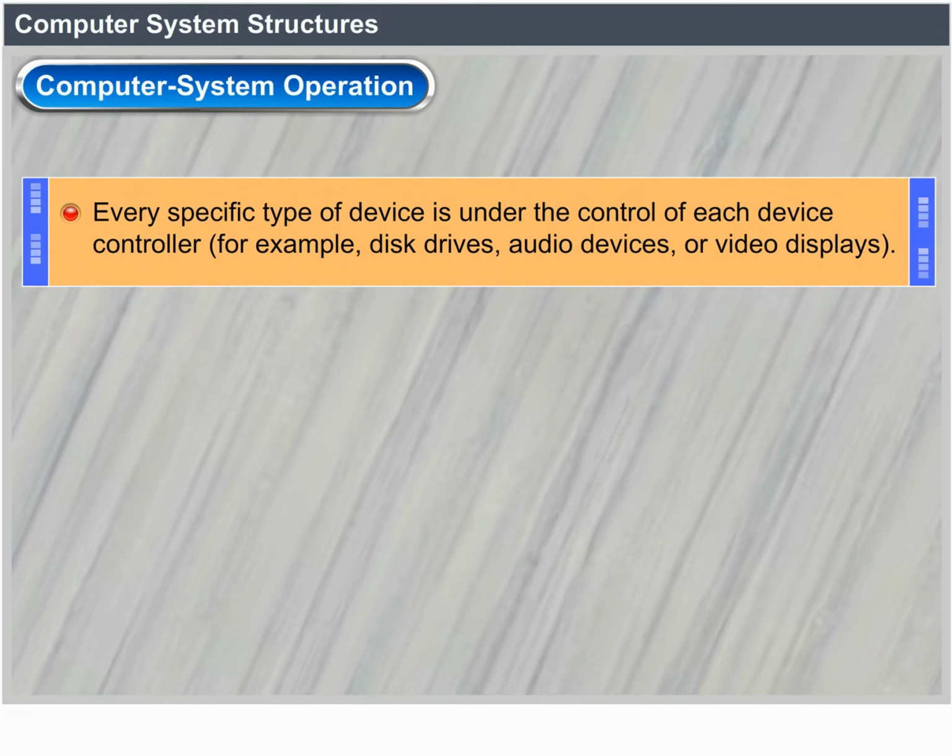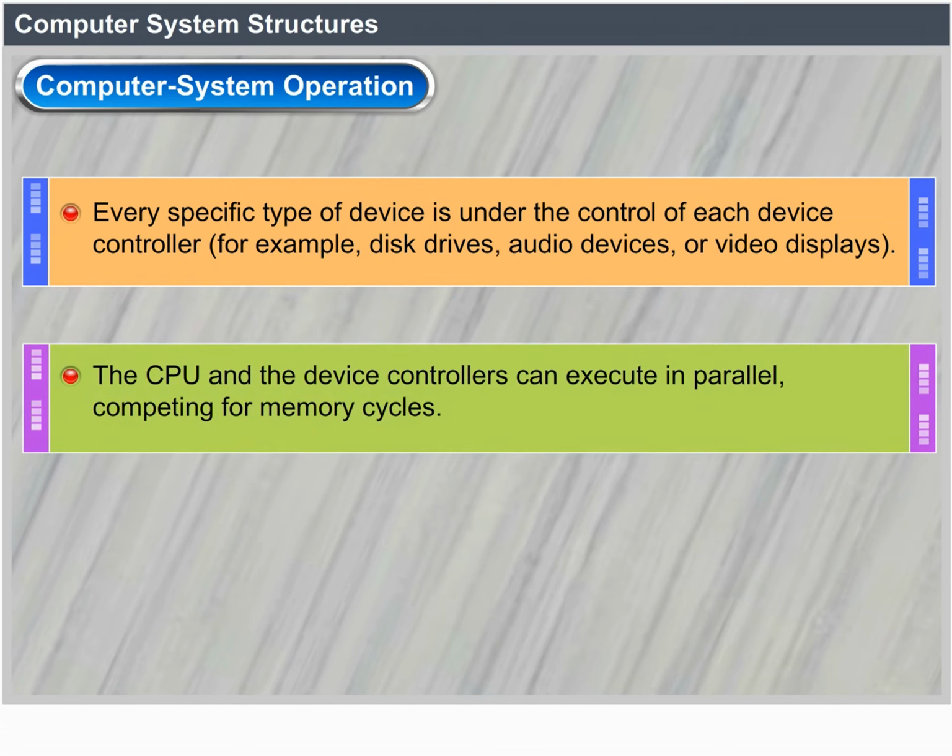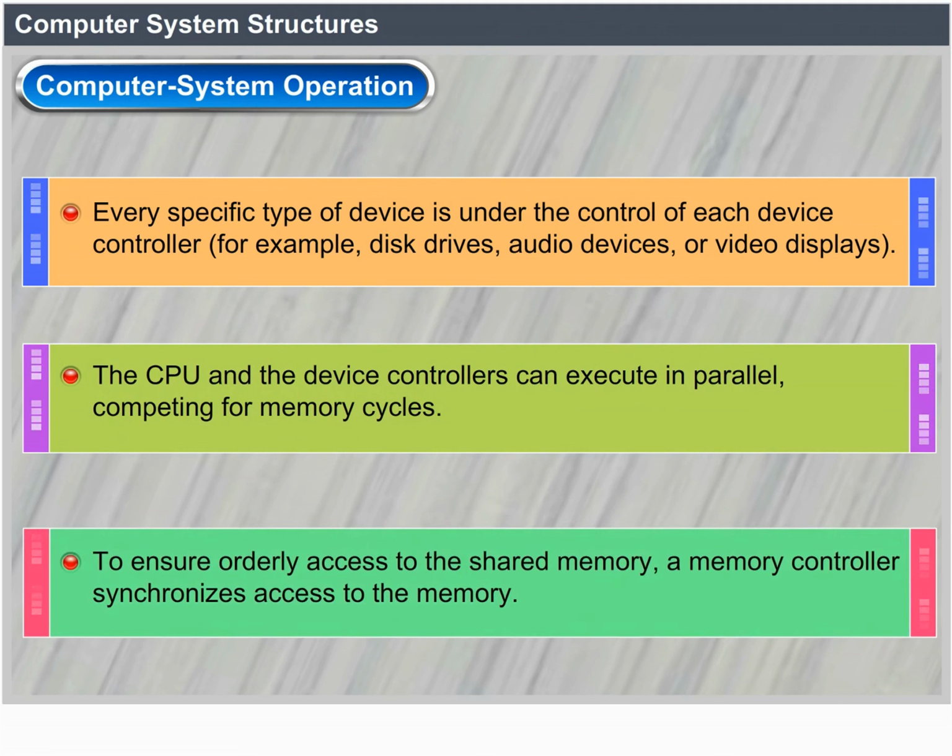Each device controller is in charge of a specific type of device, for example, disk drives, audio devices, or video displays. The CPU and the device controllers can execute in parallel, competing for memory cycles. To ensure orderly access to the shared memory, a memory controller synchronizes access to the memory.